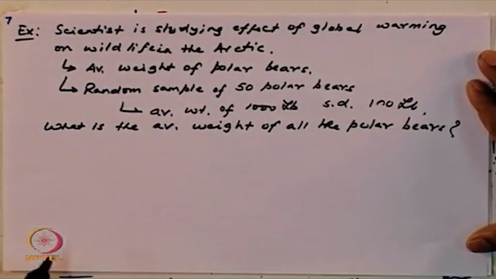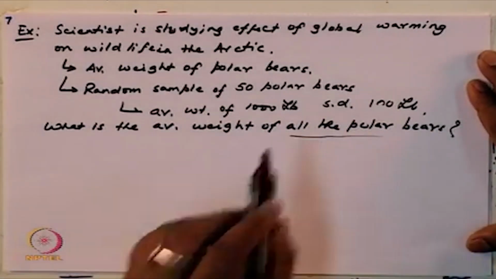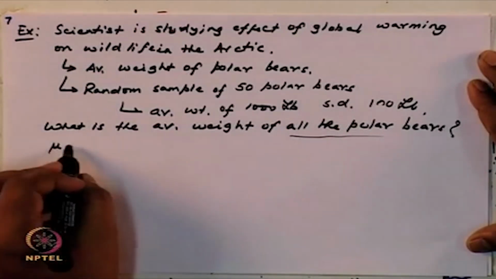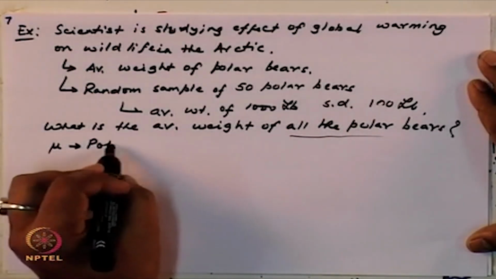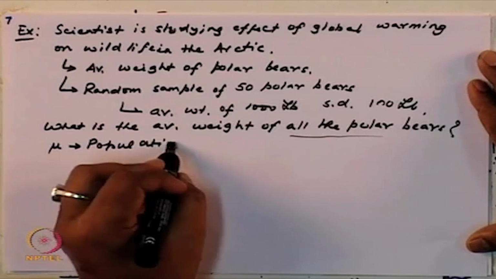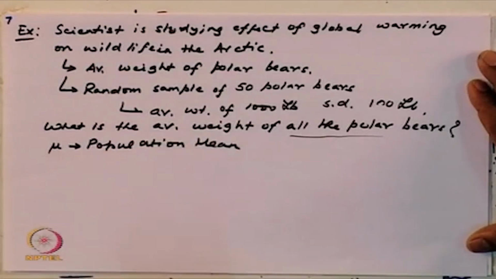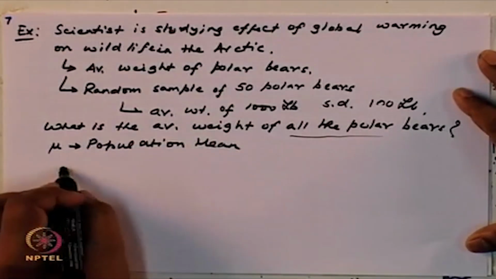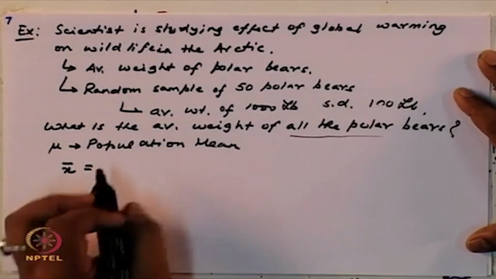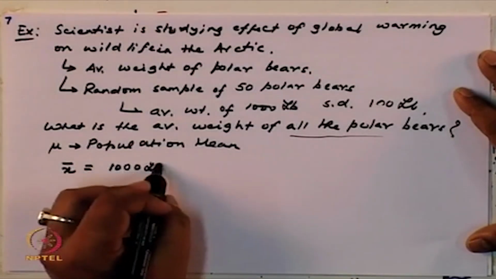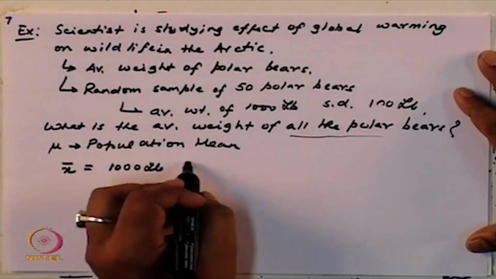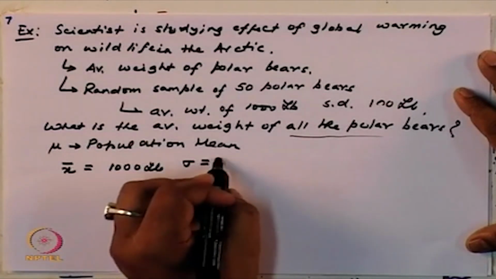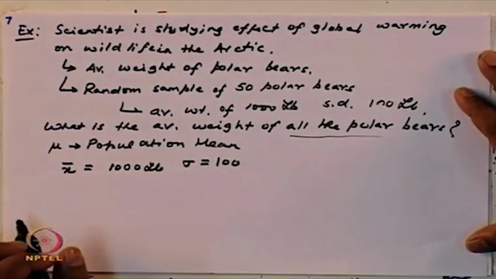All the polar bears means that you want to estimate mu, which is the population mean. What you have been given is the sample mean x bar, which is equal to 1000 pounds, and the standard deviation sigma is equal to 100.